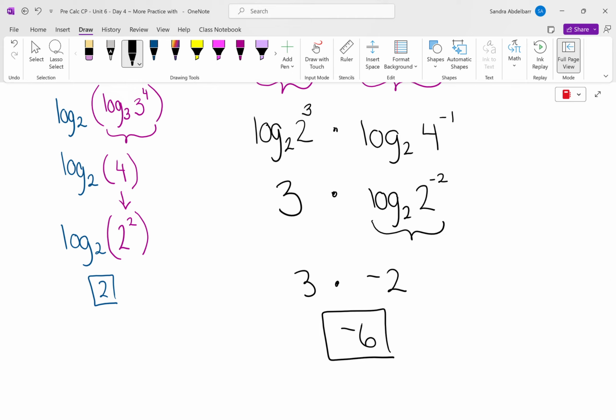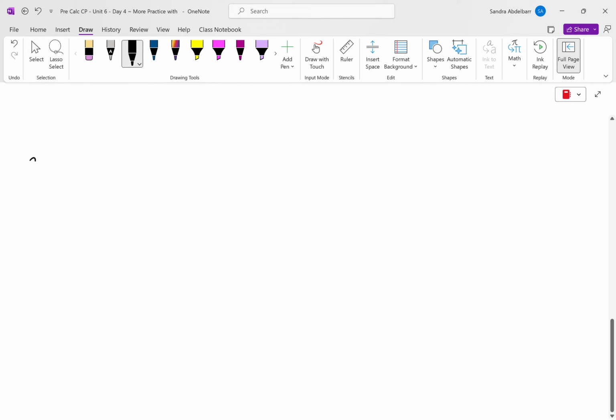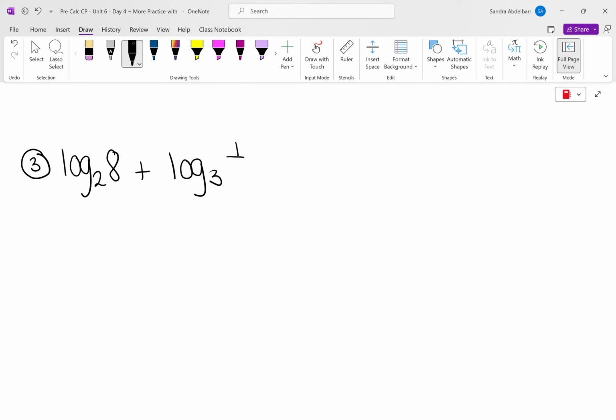Okay, I'm going to have you guys try this next one. So question for you, can I just pull out a log and multiply 8 and 1/9 together?